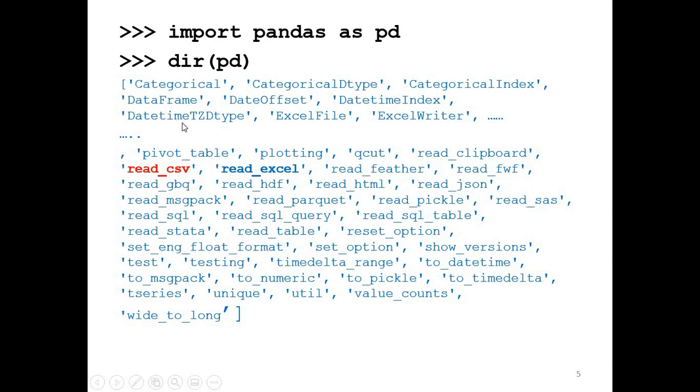Among them I have highlighted here read_csv. This is a function. I will use this here, and you can also use read_excel. This is also useful. I will not go into this, but you should know that this will be useful if you want to create an Excel sheet from here, or deal with an Excel sheet.